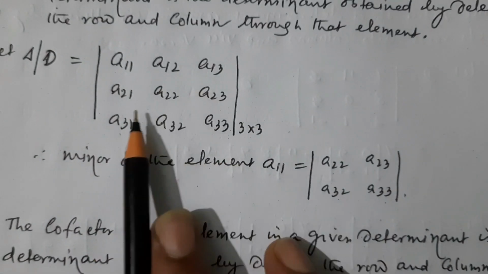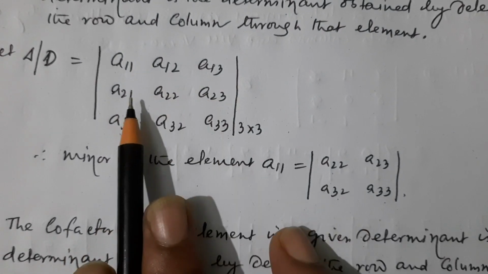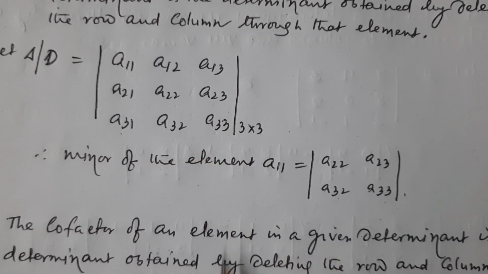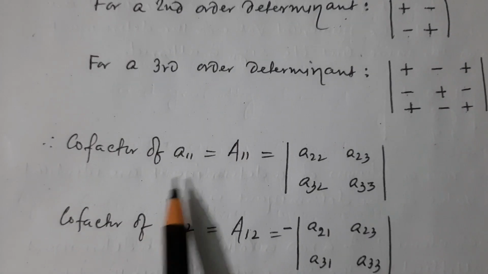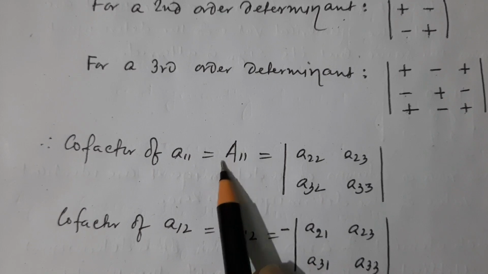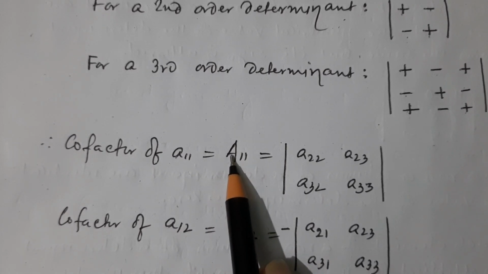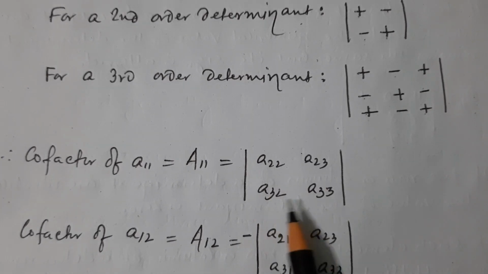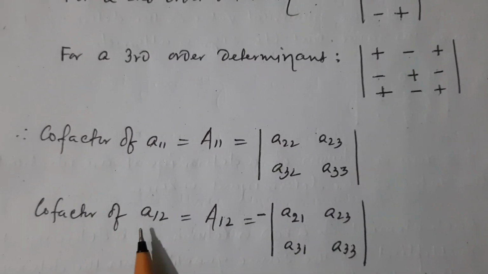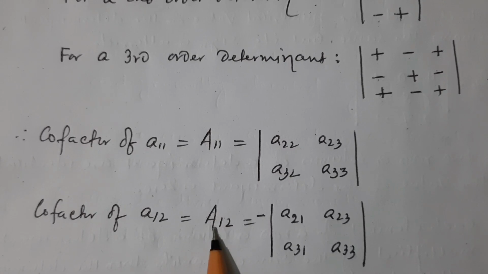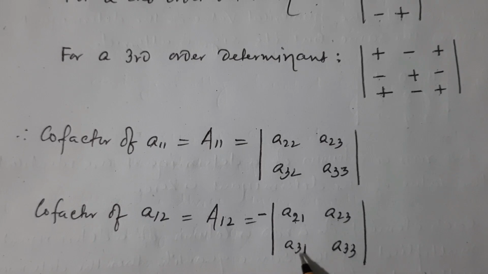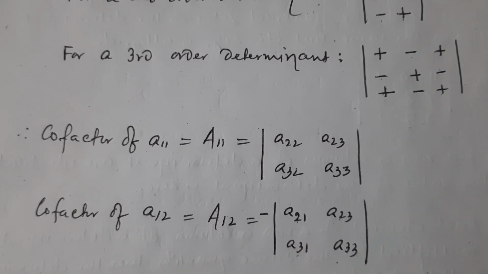So as this is a third order determinant, the cofactor of a11, denoted as capital A11, equals the determinant a22, a23, a32, a33. The cofactor of a12, capital A12, equals minus the determinant a21, a23, a31, a33.